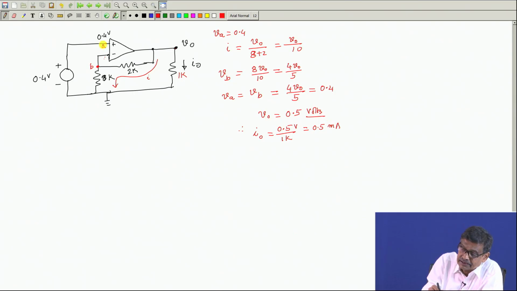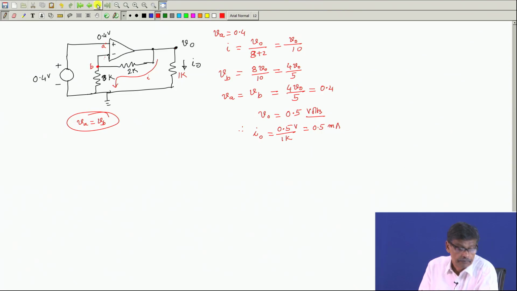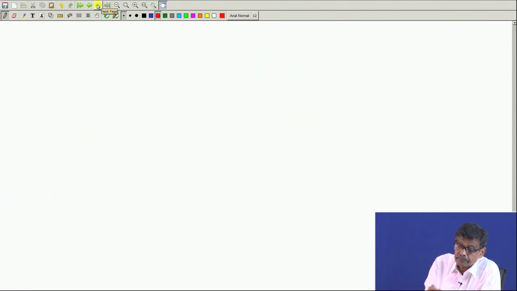This is the crucial thing, V A and V B should be equal under those conditions, and you can solve a circuit. Let us take another circuit which is slightly bigger than this, but let us see with 2 op amps. Another example.